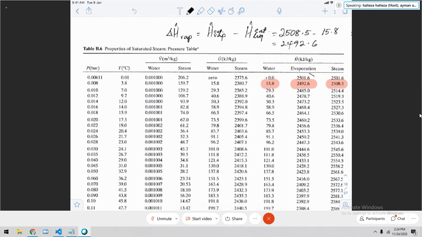So this is actually the latent heat of vaporization. That's what I said just now: you get the enthalpy of the saturated vapor minus the enthalpy of the saturated liquid, and you will get the latent heat of vaporization. Okay, is that clear? Yes. Thank you, Dr. Chu.